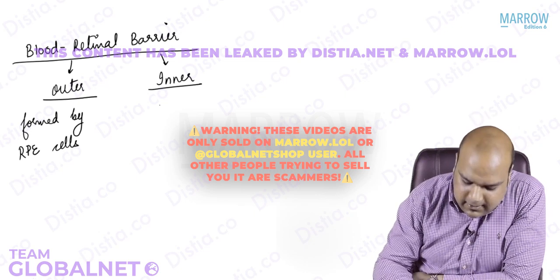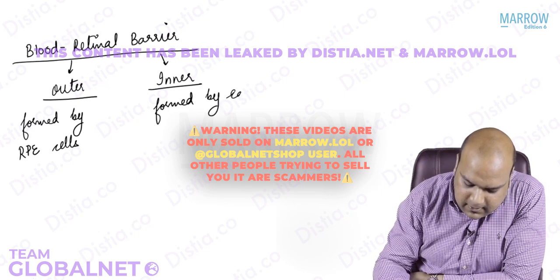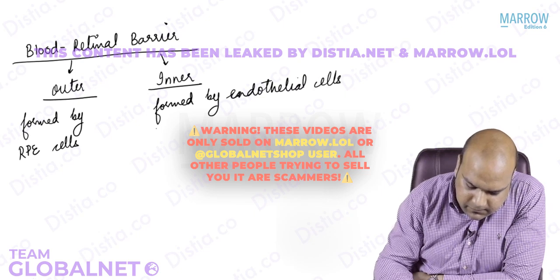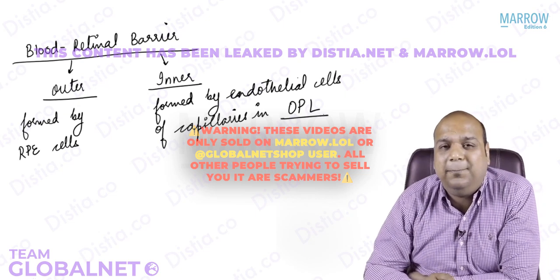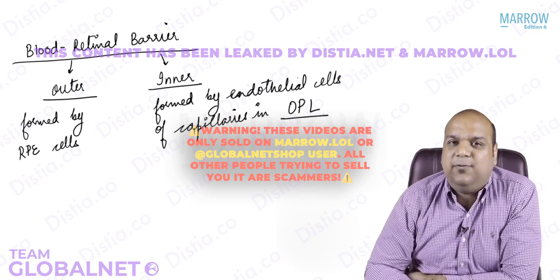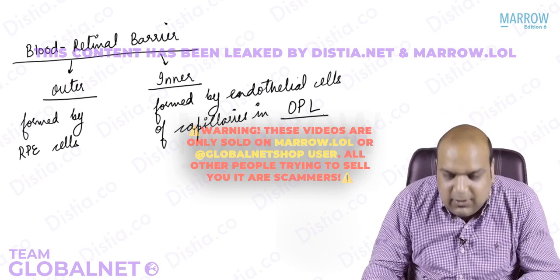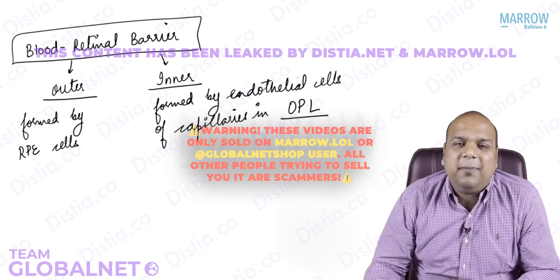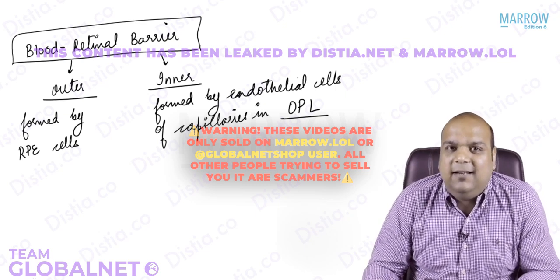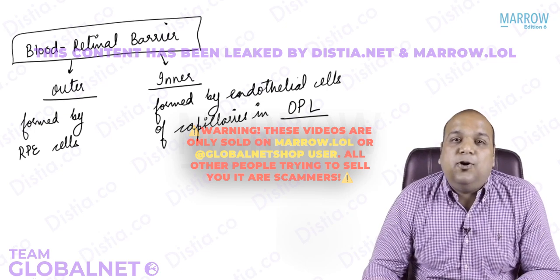Inner blood retinal barrier is formed by endothelial cells of capillaries in outer plexiform layer, short form OPL, in outer plexiform layer. I hope we are clear about this, everybody. Simple concept, blood retinal barrier. Just like there is a blood brain barrier, we have a blood retinal barrier.